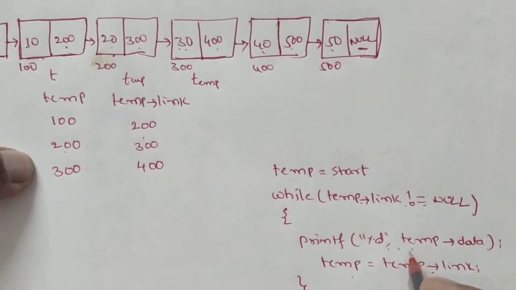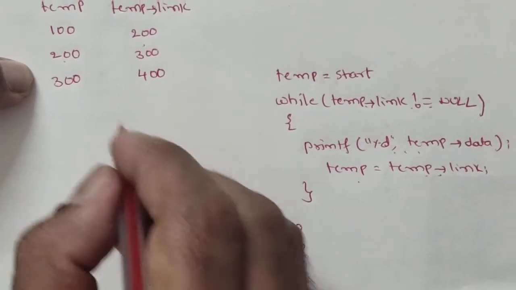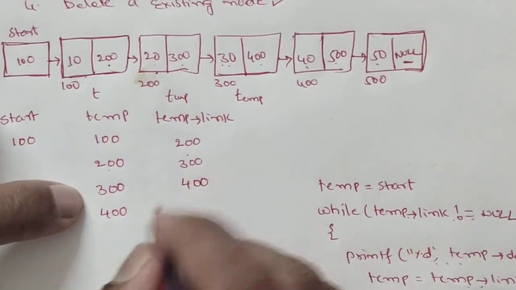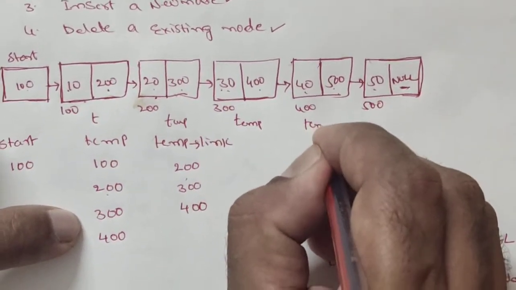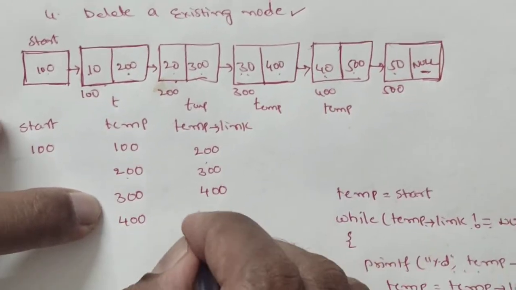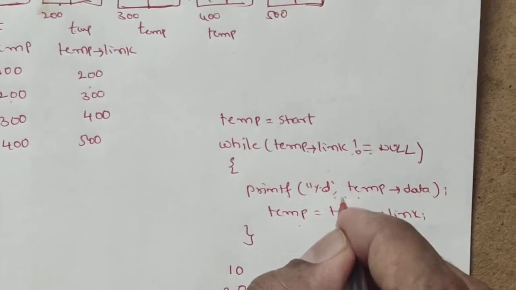Then printf temp data 30 and temp link assigned to temp, 400. Temp at 400, here the temp moves forward from one node to another node. The temp link equal to 500. The temp link not equal to null.